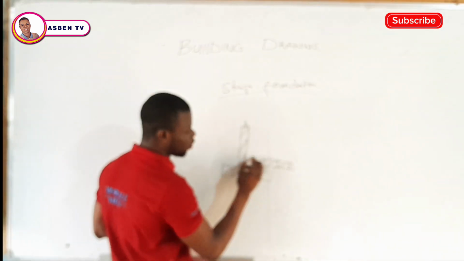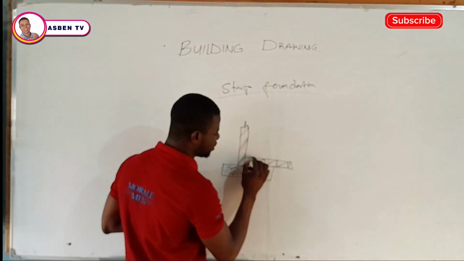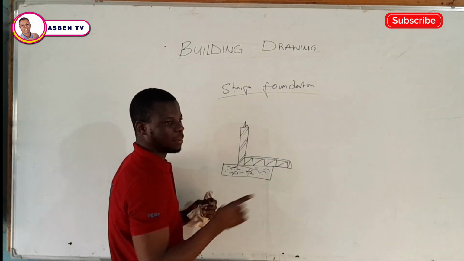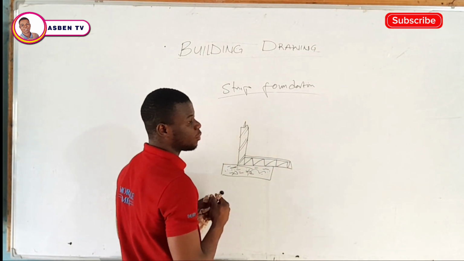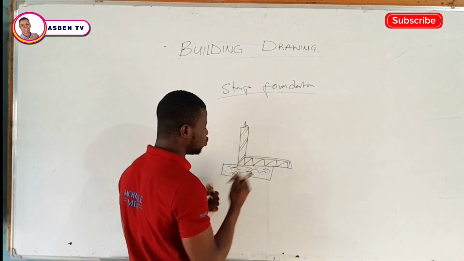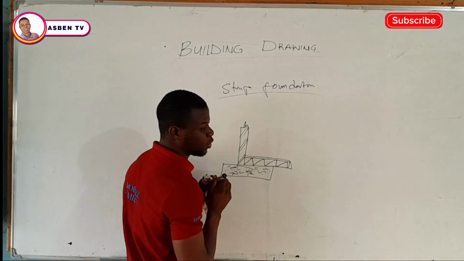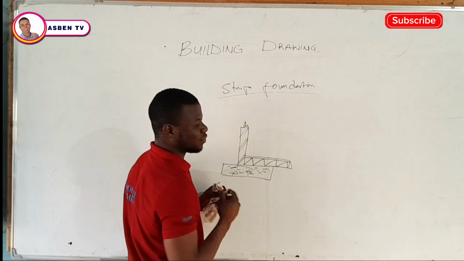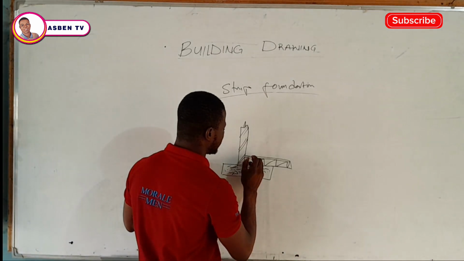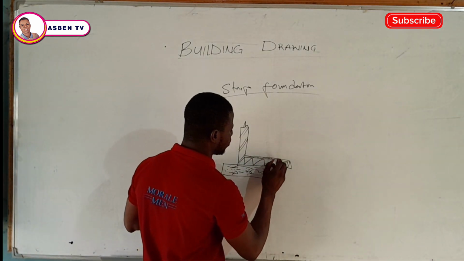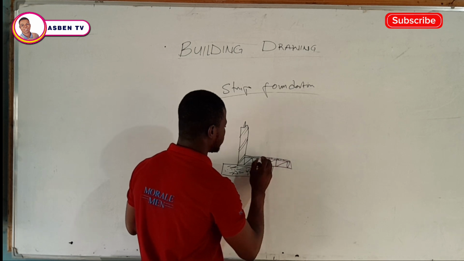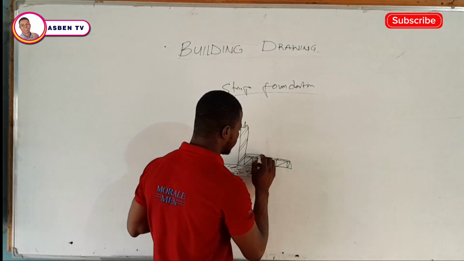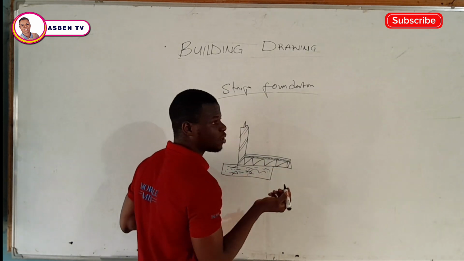So after the hardcore filling, then you put the screed. This is the screed. The screed will provide the measurement for you so that you know. And normally you can use 0.5 or 0.2 to do it. When you are screeding inside a floor finish, we don't add gravels to it. So we just do this dot. Everything should be dot in it. After that, then you add your floor finish. It can be terrazzo or tiles.